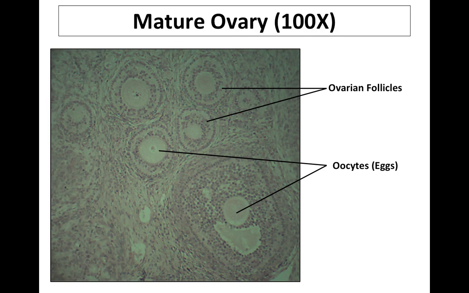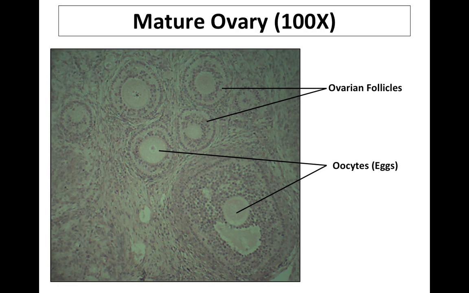When you look at the ovary, you'll see multiple circles and layers inside the circles inside the larger ovary. These large circles with the layers inside of them, and some of the smaller circles too, these are ovarian follicles. You may see some small ones, and you may see some very large ones. Those are all the follicles.